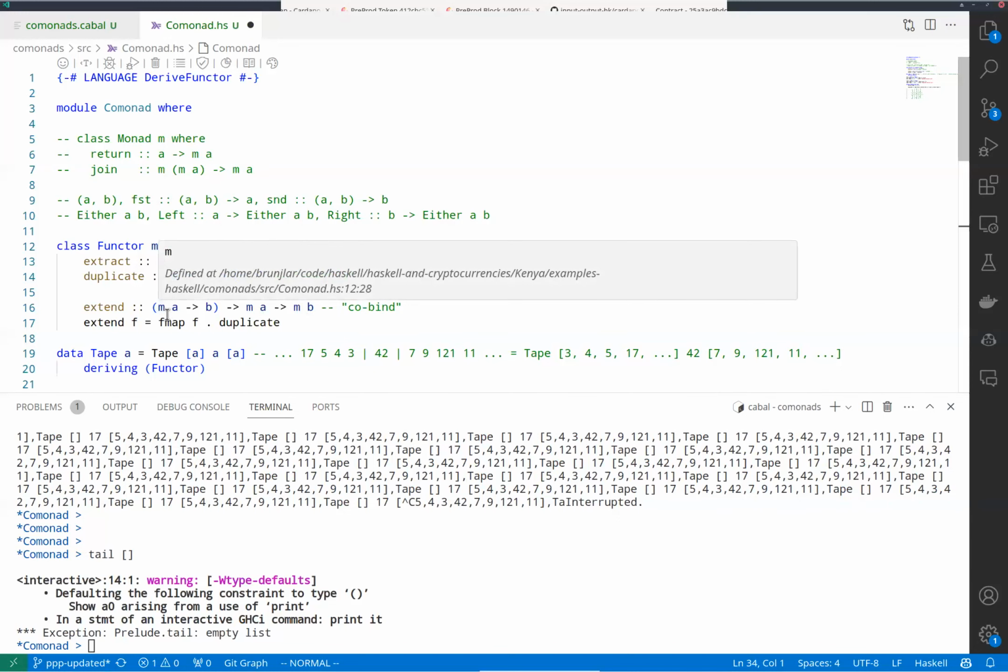So the way you can think about it, if I basically know how to produce an element with a specific element in focus, then the extend will extend that to all the other elements in focus.